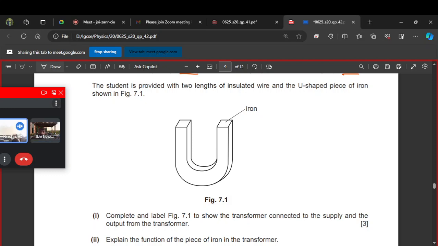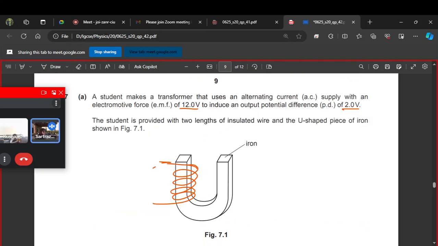We draw coils on each side. Yes, and we need to see if it's a step up or step down. So first see from the question. At input you have 12 volts, and is it step up or step down? It's step down, so the right one will have fewer coils. Yes, right side with it. And here you have connected an AC source.